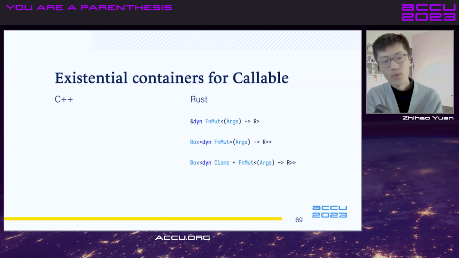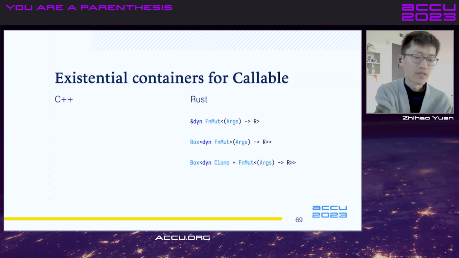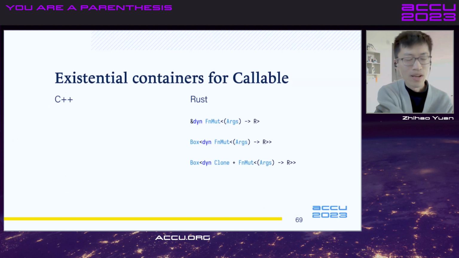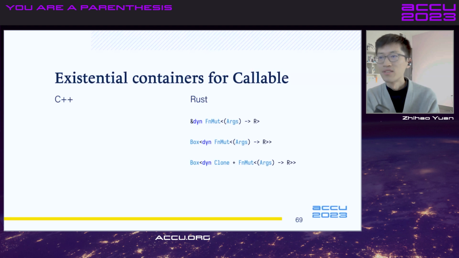So we already know that the existential container for callable in Rust could be, there are many options. In the case where you can repeatedly call the callable and allow the state of the callable object to change, you have three options, right?